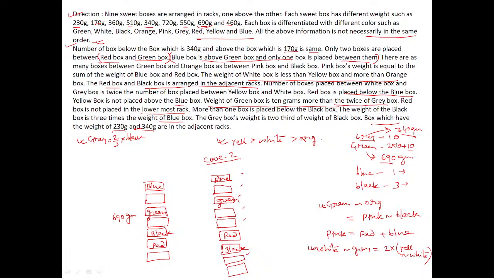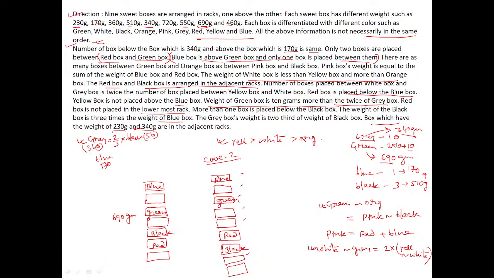So, blue and red box. We don't know the weight of blue and red box, but yes, one thing is confirmed, that blue is 170, black is 510. Yes, this much we have already calculated, that blue is 170, then black is 510, so gray is 340.